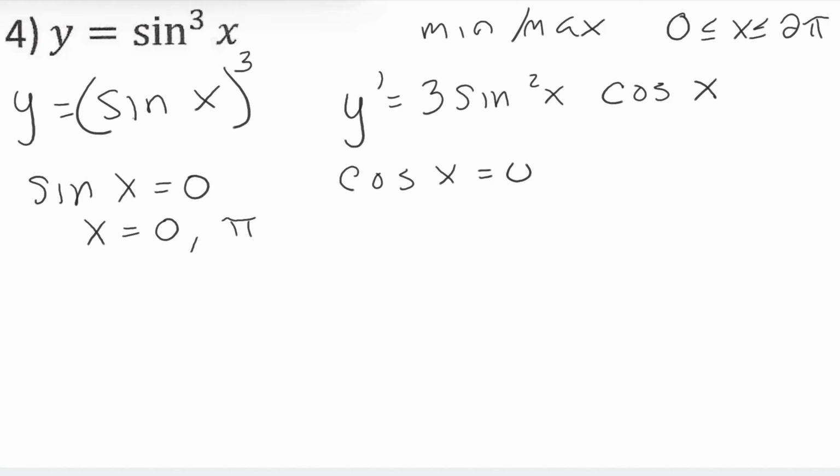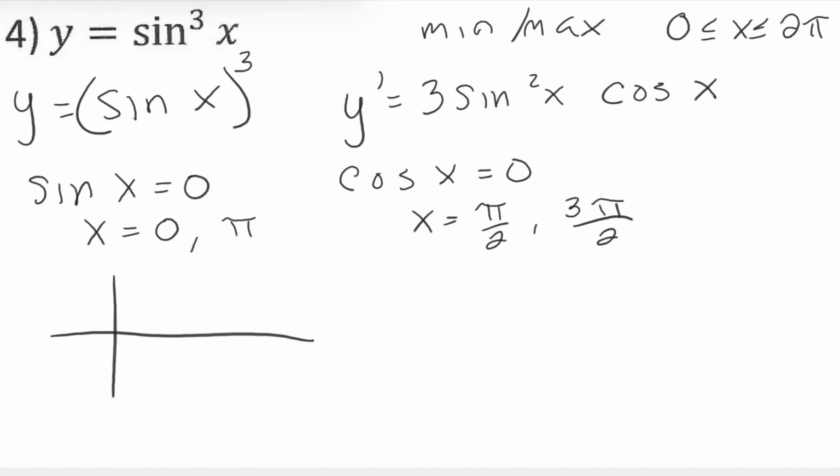Cosine x is 0 at pi over 2 and 3 pi over 2. So I have 4 critical numbers in this situation. Actually, I'll just graph it quickly because it's easier than doing it the other way.